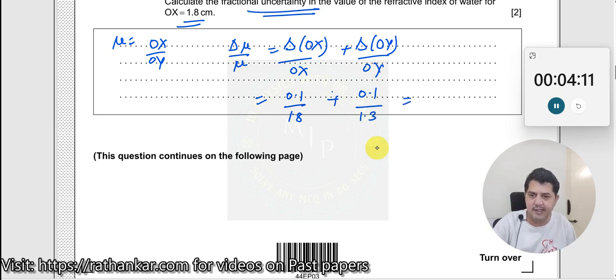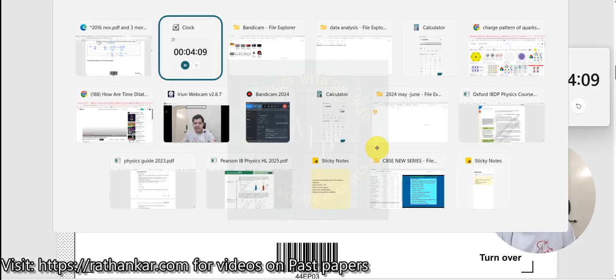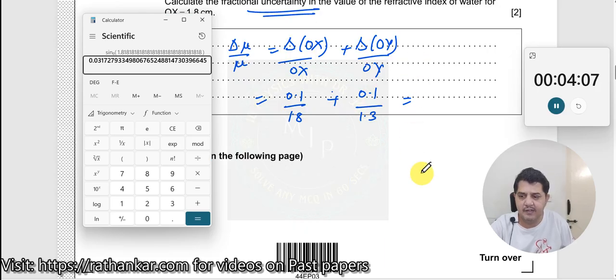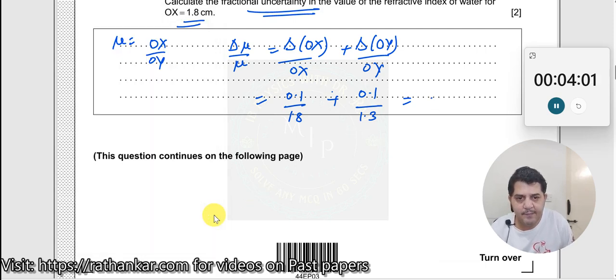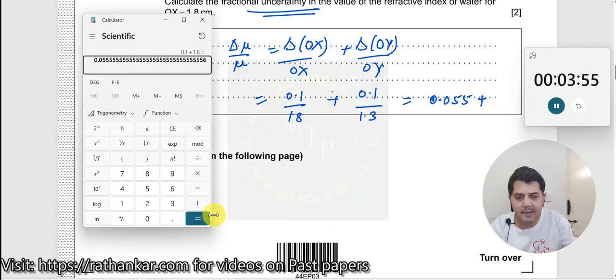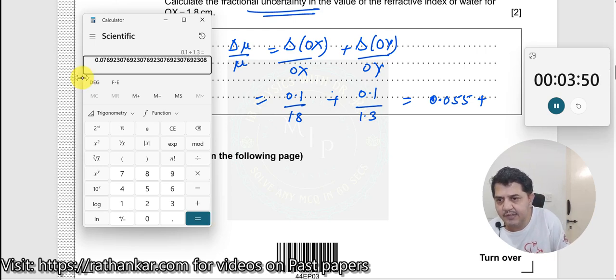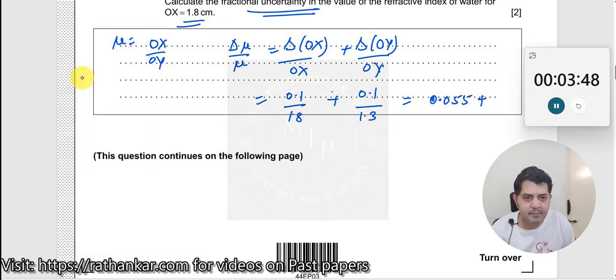Now let us use the calculator to find the resultant answer. 0.1 divided by 1.8 gives 0.055, plus 0.1 divided by 1.3, which is 0.077.